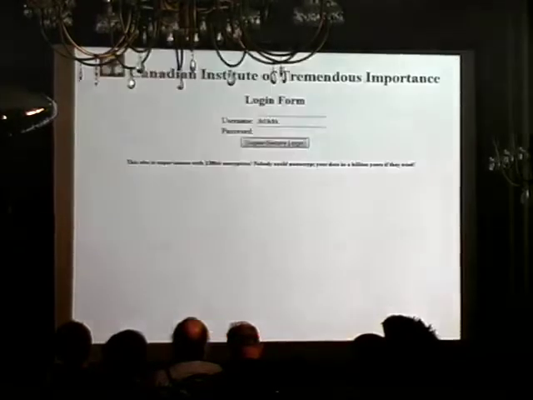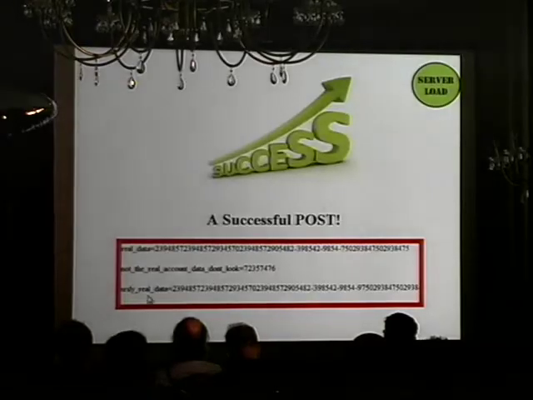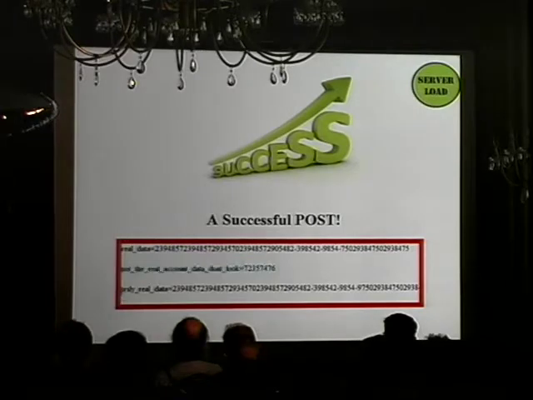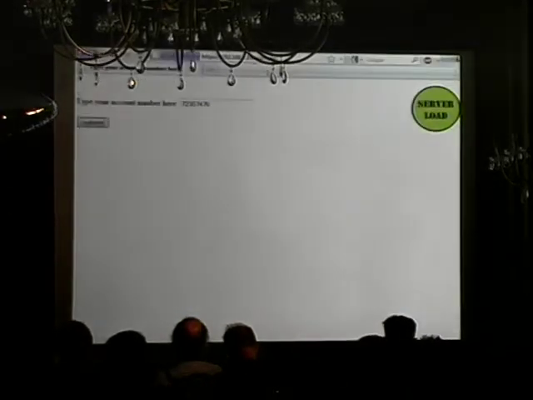But let's look at the simple side here. Just a basic thing. Just type in your account number, and then when we submit that, again, they're going to get some extra post parameters here with a bunch of junk data. The real stuff, and then a lot more junk data. So let's go back here.